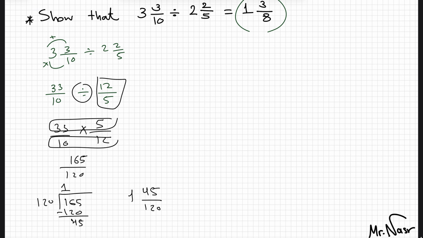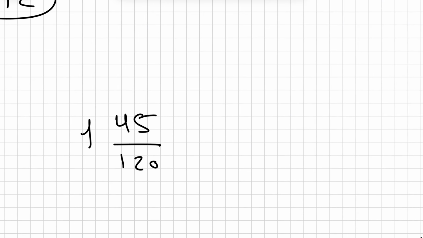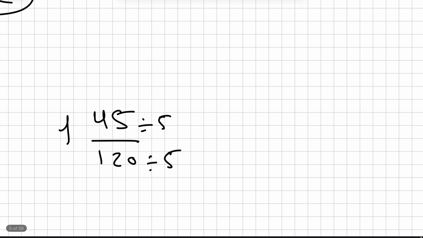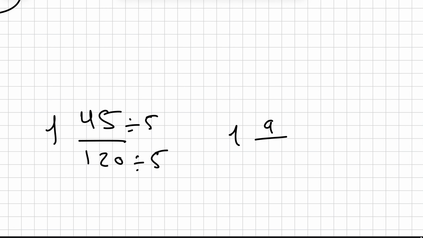When we look at it, it has 5 here and 0 here, so it's divisible by 5. Divide by 5 here and divide by 5 there. So it's going to be 9 over what? 120 divided by 5 is obviously 24, and we're not done.